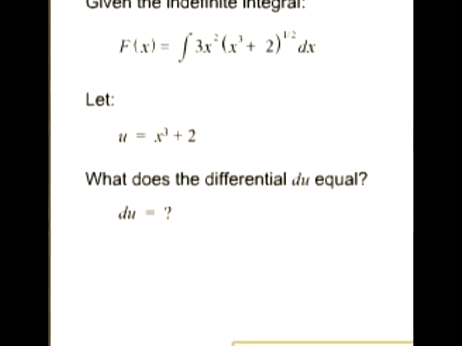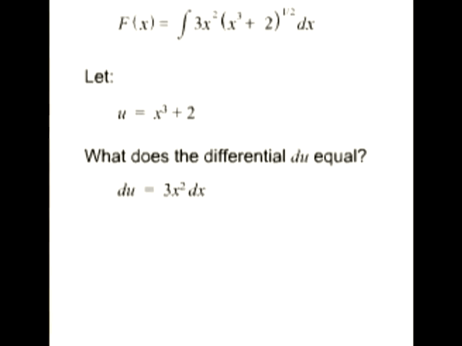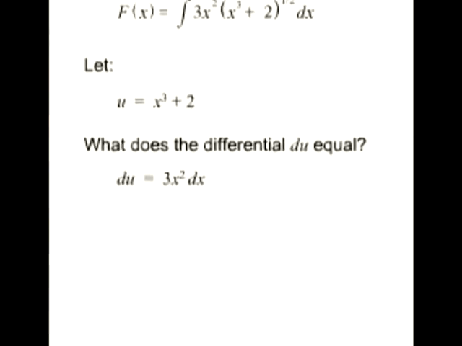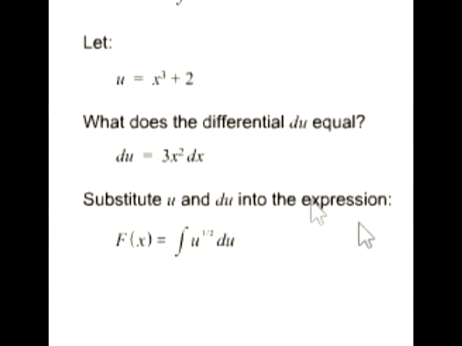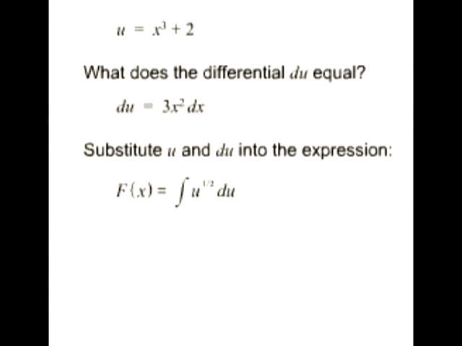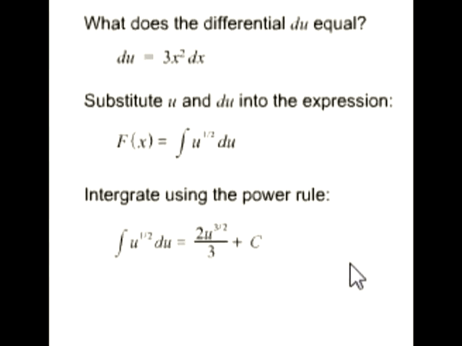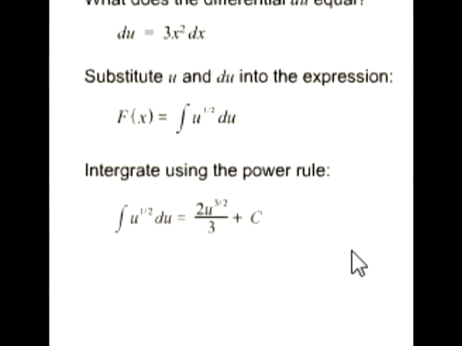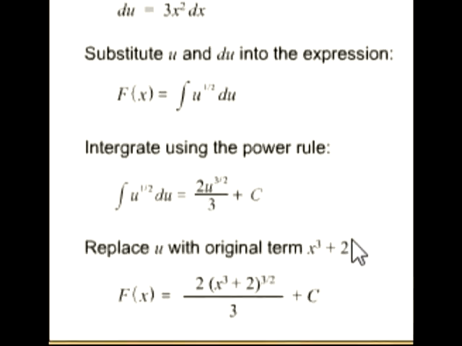Here u equals x cubed plus 2, so once you take the derivative and you solve for dx, you can plug it into the original integral, and once this happens you can cancel out the 3x squareds, and once you cancel those out you get the integral of u to the 1/2, which of course is very simple by now, and you just take the integral as normal, and once you take the integral you want to add a plus c.